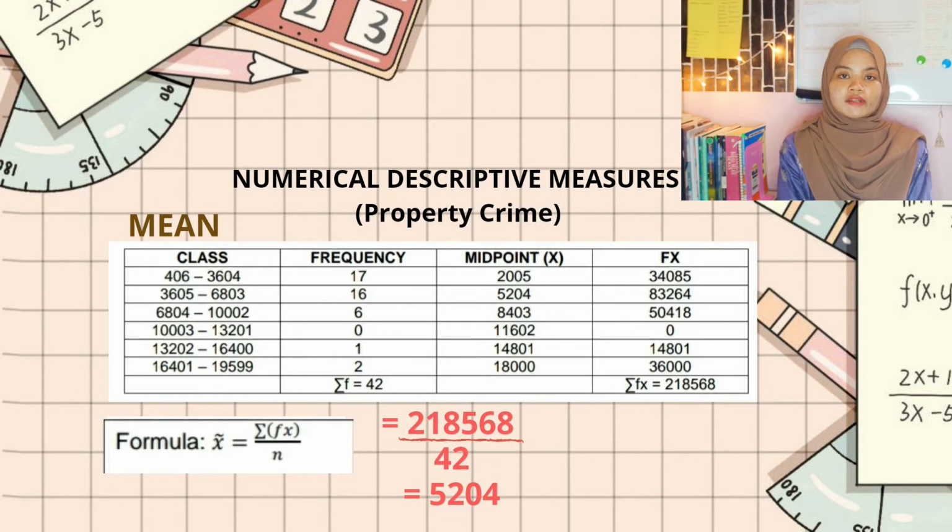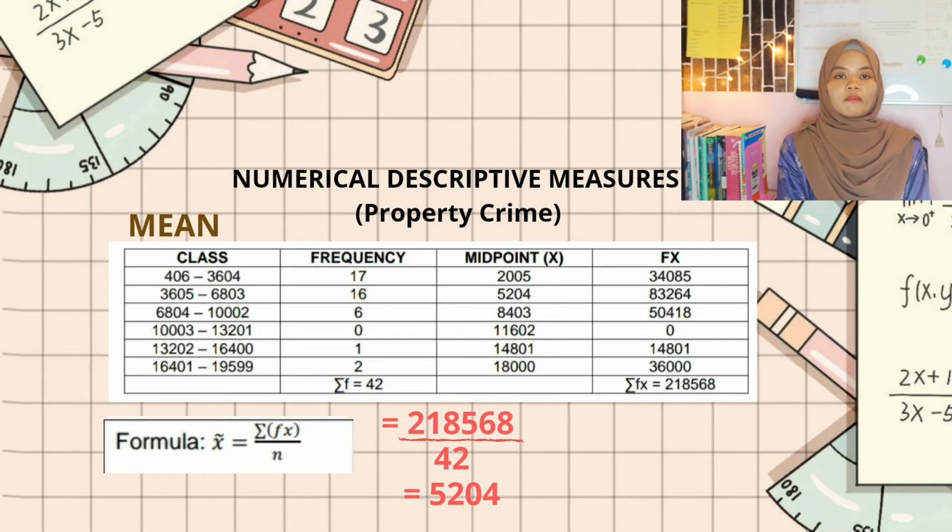For the mean, firstly you can draw a table with columns. The first column is class, the second column is frequency, the third column is midpoint, and the fourth column is fx. For the midpoint, 406 plus 3604 divided by 2.